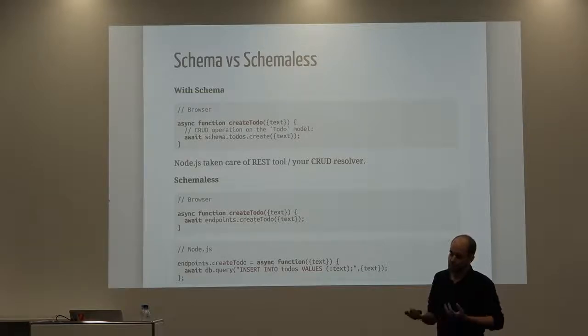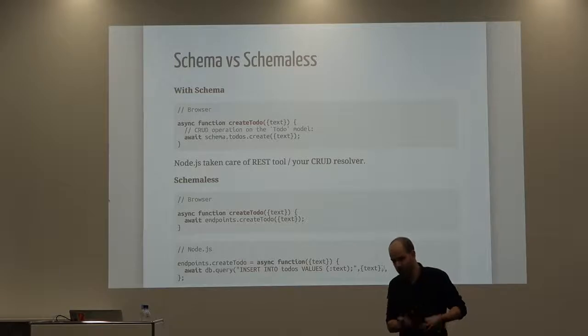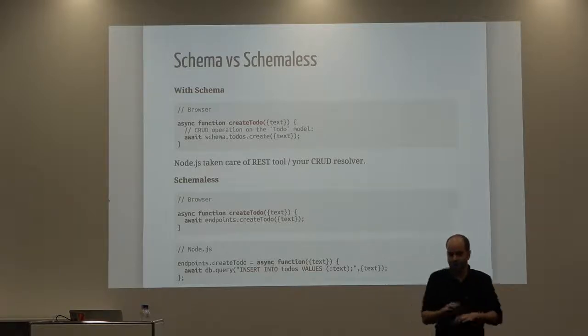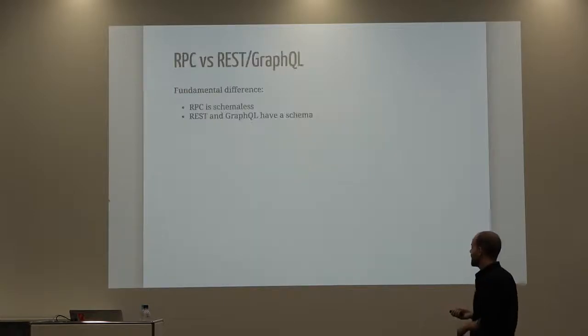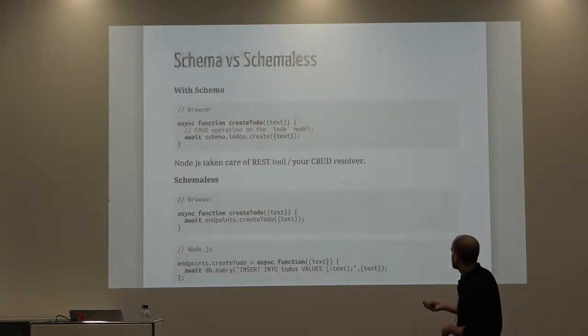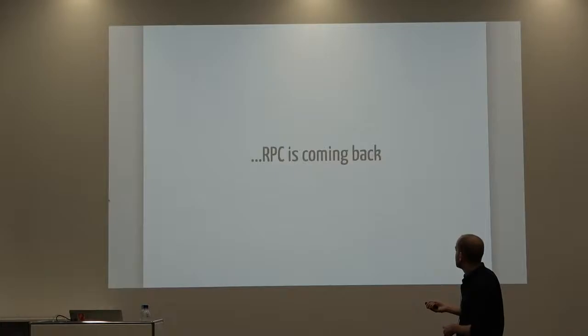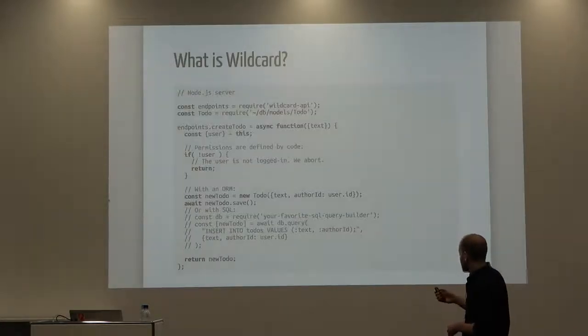So one question that may arise in your head now is: what about security? You can do everything you want. That sounds dangerous, right? But that's actually not a problem. Let's go back to the ORM example. One important thing to note here is these lines of code.